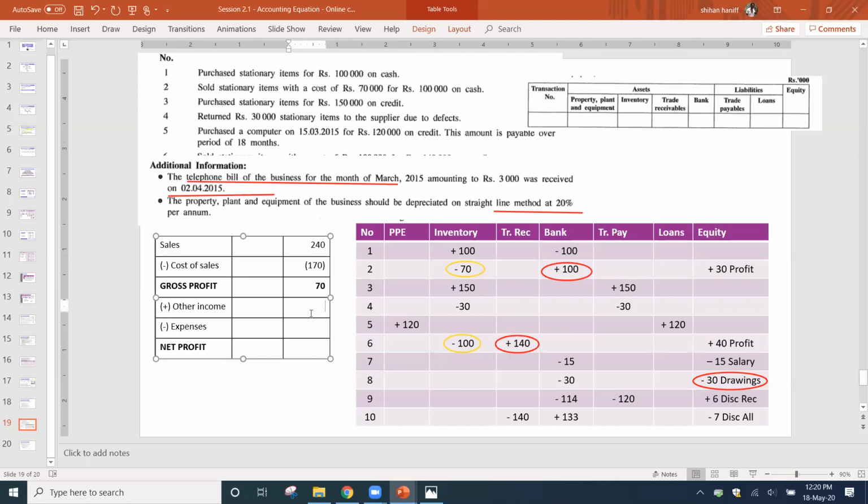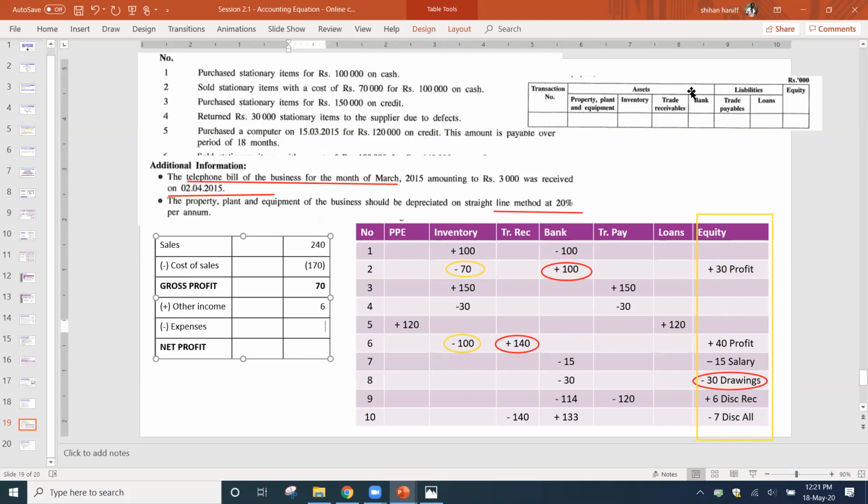Then we add other income. We have to take from the equity. All this I'm taking from the equity column. So there is other income, discount receipt, 6,000. Discount receipt 6,000.